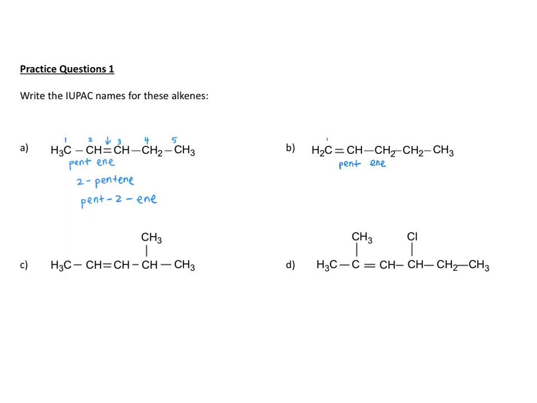So let's start from the left. 1, 2, 3, 4, 5. And so the carbon double bond starts at carbon number 1, and we will indicate this by saying that this is 1-pentene, or we could say that this is pent-1-ene.